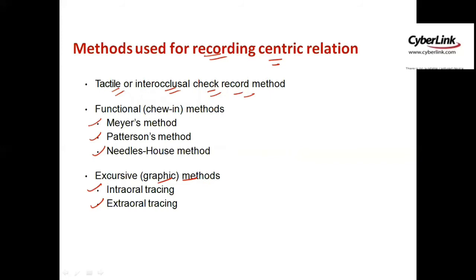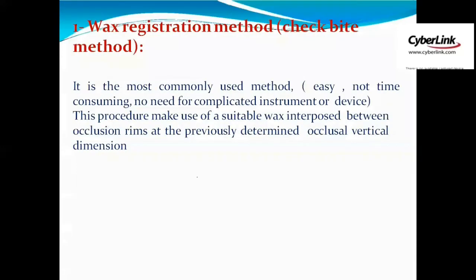So first we will discuss the tactile method, wax registration bite, basically the check bite method. It is the most commonly used method because it is easy, not time consuming, and there is no need for complicated instruments or devices. This procedure makes use of suitable wax interposed between the occlusal rims at the previously determined occlusal vertical dimension.